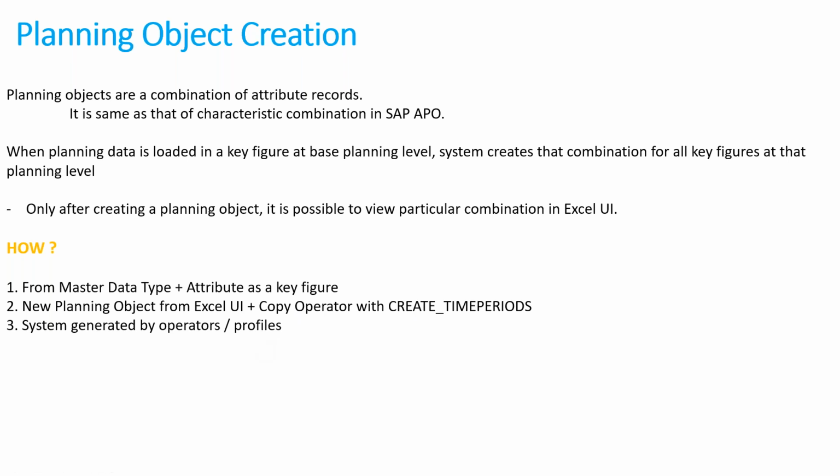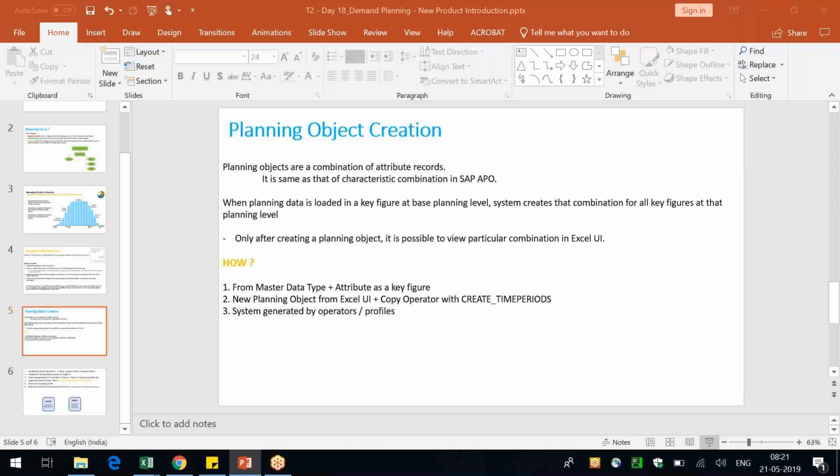So if I run a supply planning algorithm for a new product called S13, then for all other planning levels wherever the product is there, the optimized supply planning algorithm will auto-create the planning objects for that new product called S13. So these are the 3 ways. In our session, I'll focus on creating a planning object from the Excel UI.